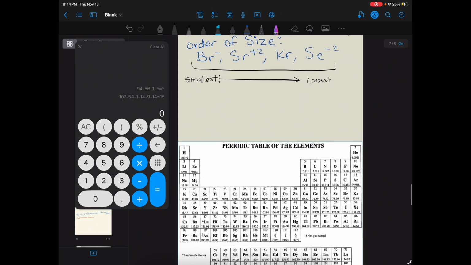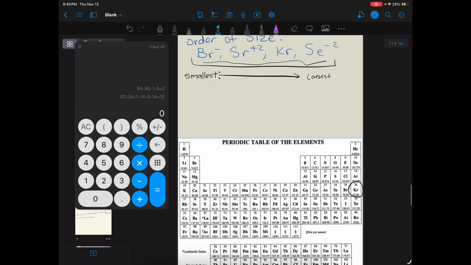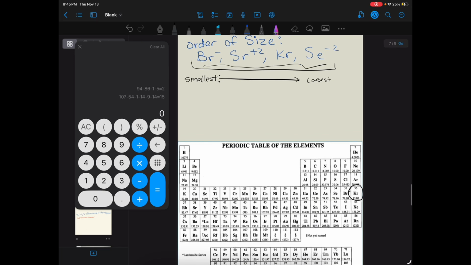So moving forward, when looking at our krypton, which is our only neutral element, we see that it has 36 electrons. Therefore, all of these elements here would also have 36 electrons. So the easiest way to organize these would just be whichever has the highest amount of protons being the smallest to whichever has the least amount of protons is the largest.